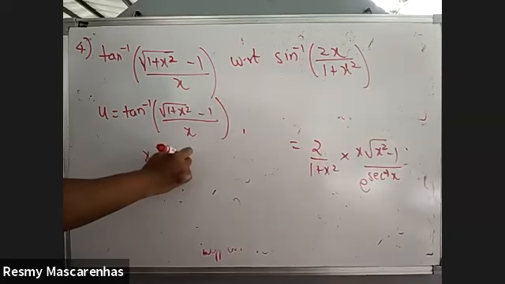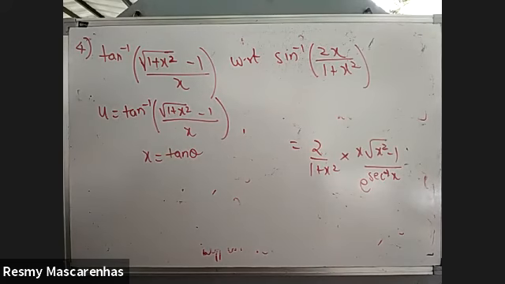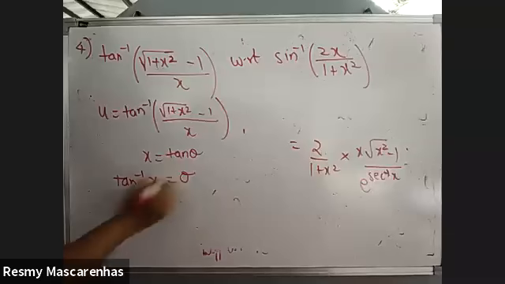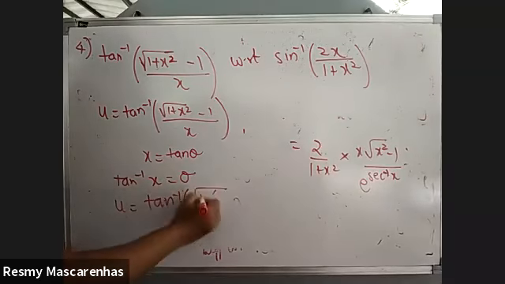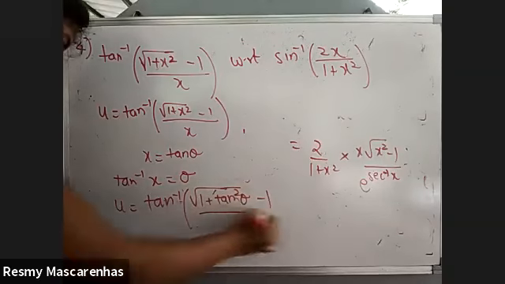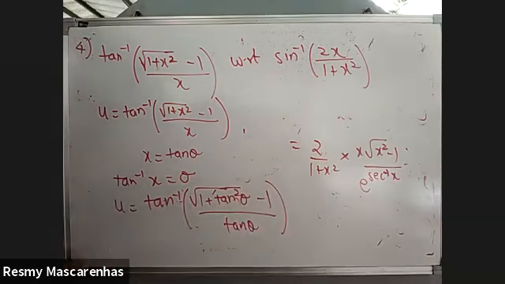Okay, so x is equal to tan theta. So tan inverse of x will be equal to theta. 1 plus tan square theta will be sec square theta.